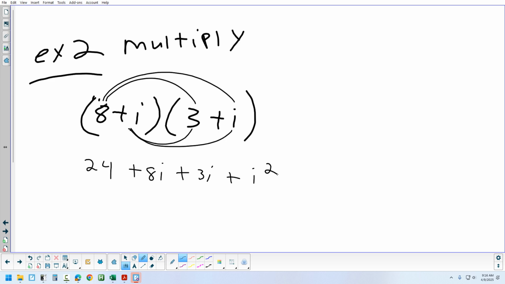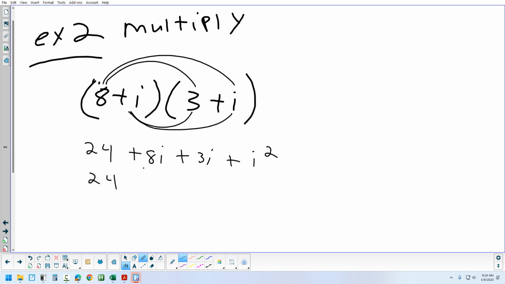Okay. So we get 24. What do we get when we combine like terms? 11. I get 11i. And i squared is going to turn into what number? Right, so I'm not going to do plus negative 1.